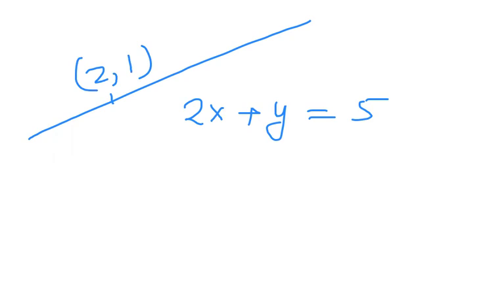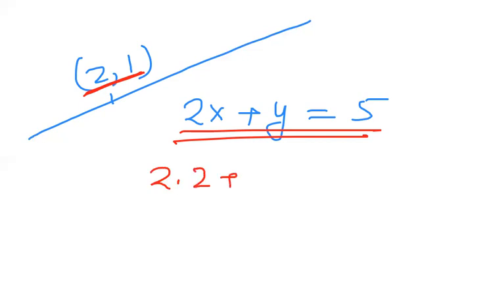If a point lies on the line, then it has to satisfy the equation of the line. Means 2 into x, which is 2, plus y, which is 1.